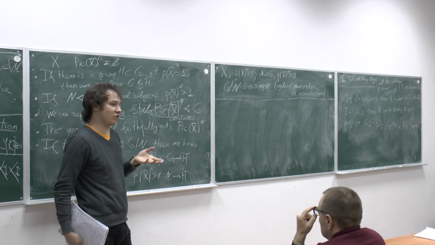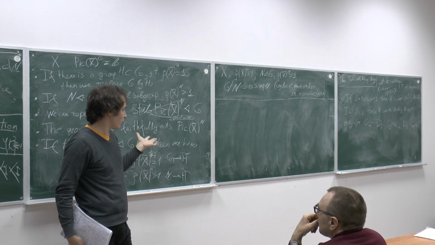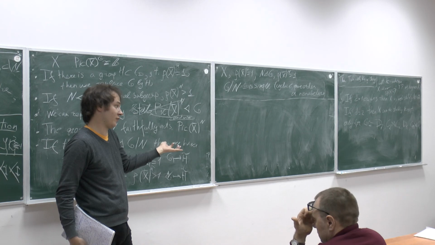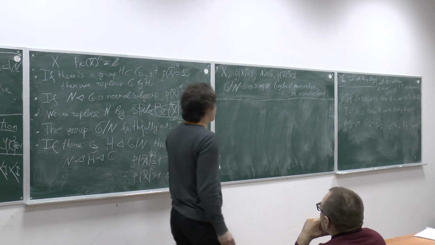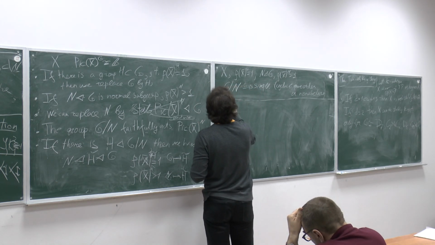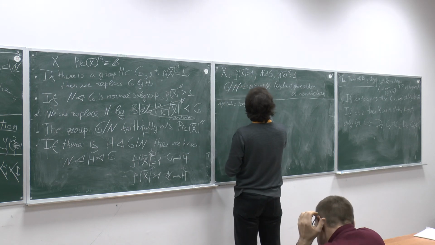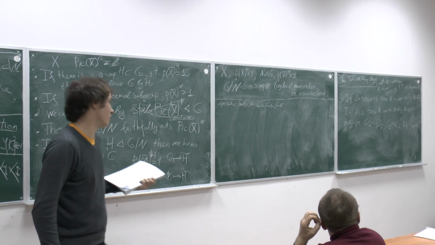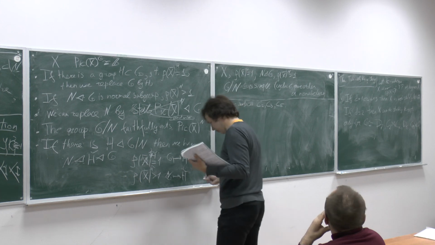For example, for a representation of group A5, the Picard number equals 1 for the representation of the whole group A5 or for just the elements of order 5. So we can assume that G by N is a group of prime order. For cubic surfaces, it's C2, C3, or C5, since the order of the Weyl group is not divisible by any other prime. Well, let's start with these cases.